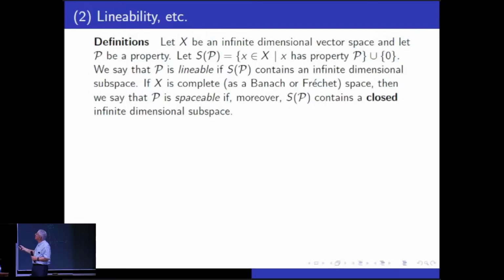P is said to be lineable if this set contains an infinite dimensional subspace. I should say for S of P, we add the 0 vector, just to avoid trivialities.